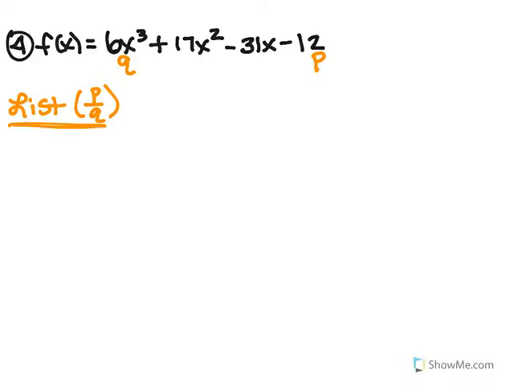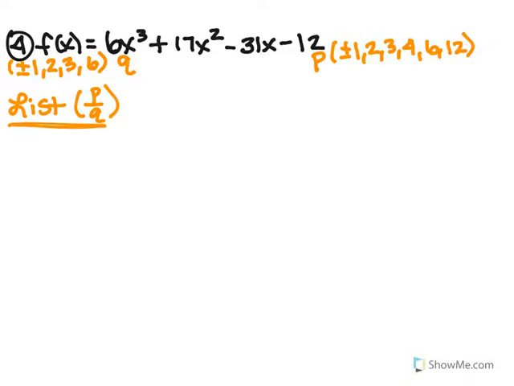So let's list our P's. Our P's would be positive negative 1, 2, 3, 4, 6, and 12. Our Q's would be positive negative 1, 2, 3, and 6.